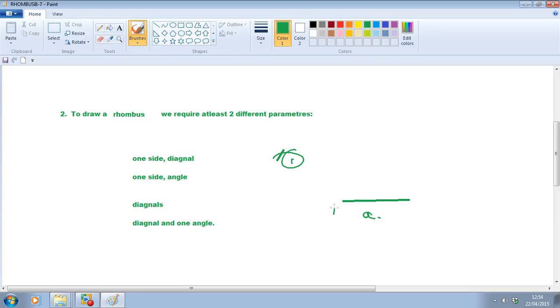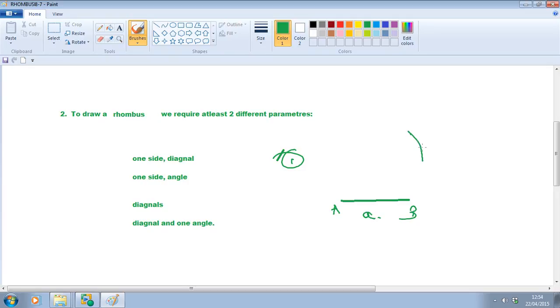Let us take this point as capital A. This is B. Now with A as center, we will draw an arc like this. We know the length of this is equal to the diagonal.